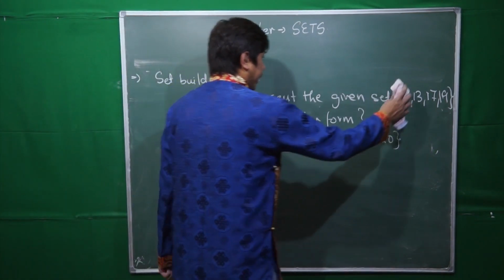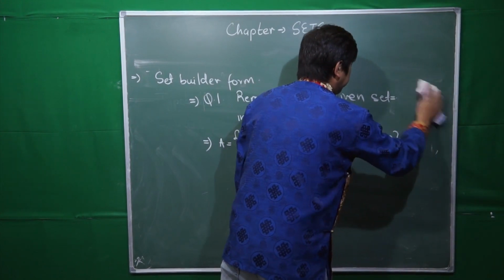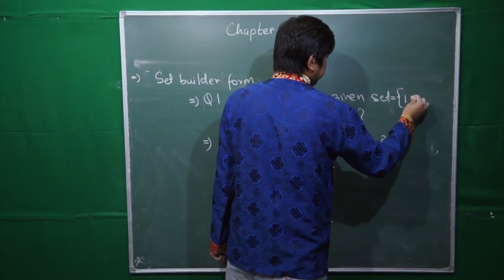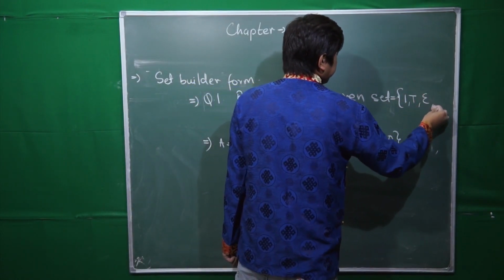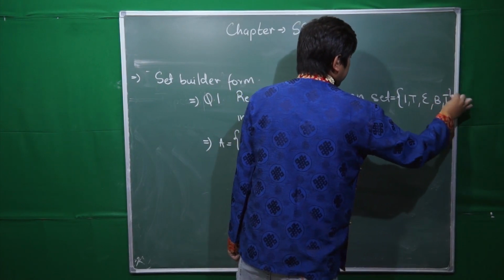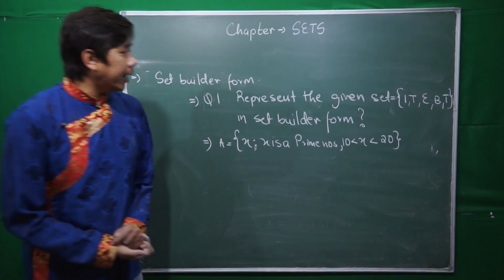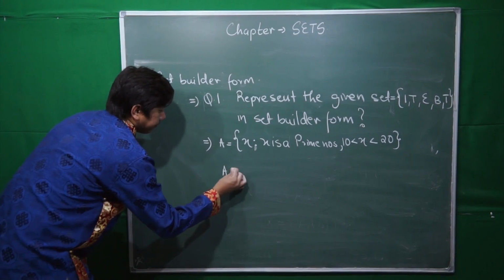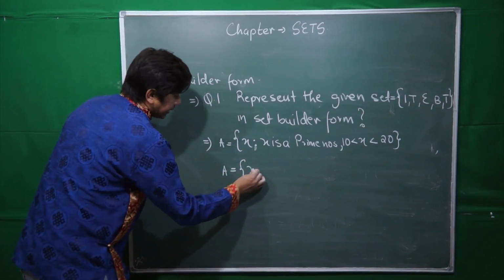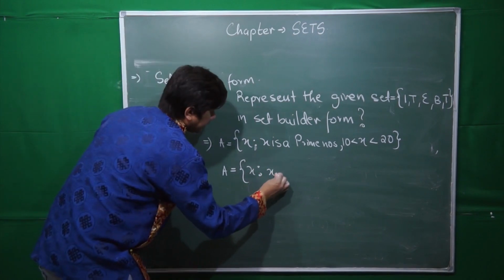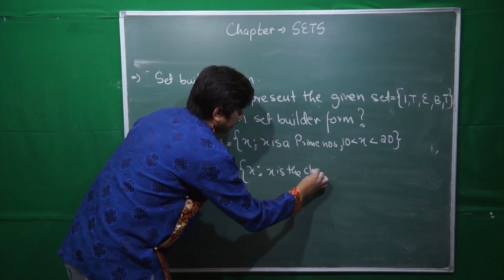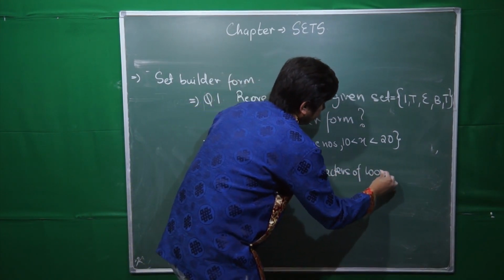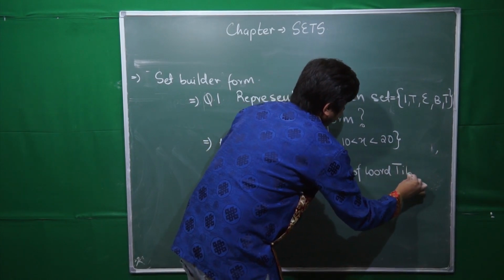For example, again, I'll change the set to an easier set. Let's say certain alphabets: I, T, E, B, T. Now this is a set A that has elements X such that X is a character of the word Tibet.